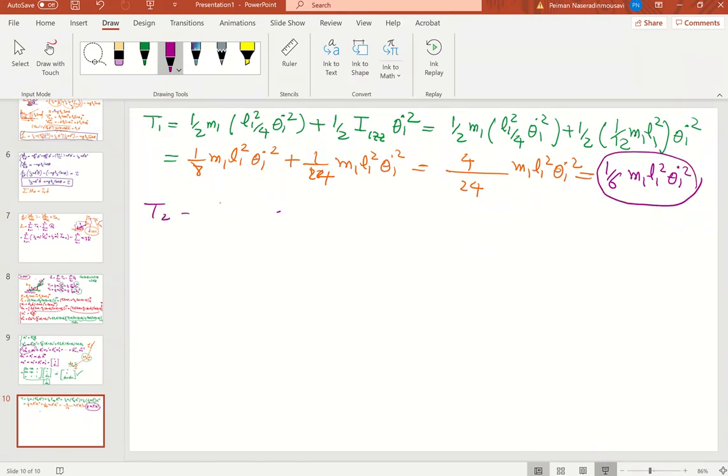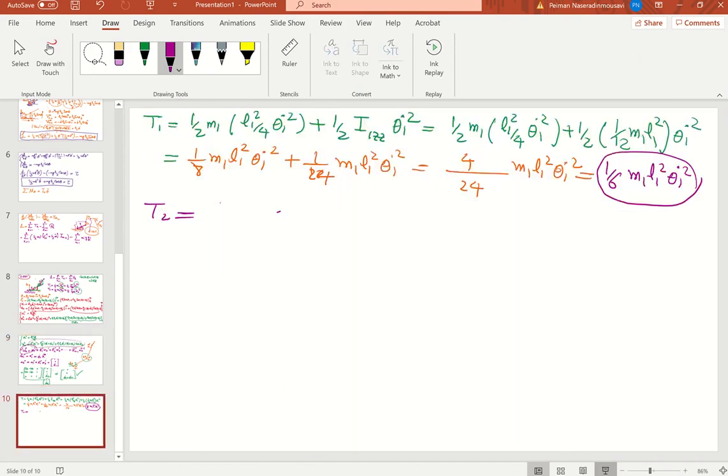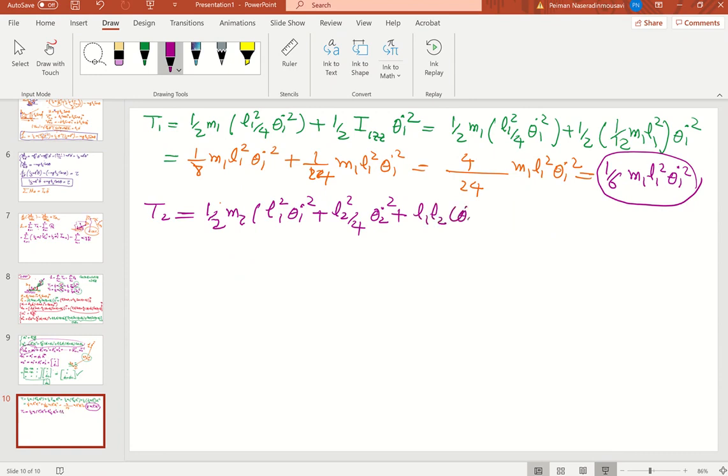So T2 is going to be, look here, guys, this big term: 1 over 2 M2 times L1 square theta dot 1 square, plus L1 plus L2 square over 4 theta dot 2 square, plus L1 L2 theta dot 1 plus theta dot 2 cosine theta 2.